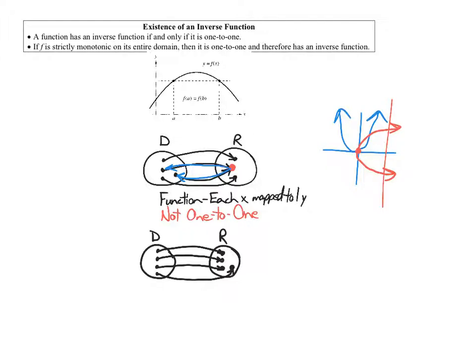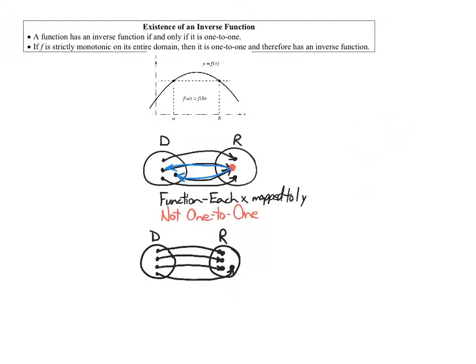Now, if we limit the domain of x squared to, let's say, only the x's greater than or equal to 0, then that would only give us this bit. So when we reflect it, it would only give us that. And that would be an inverse function. So there are things where if you limit the domain to make it 1-to-1, then you can have an inverse function. So that's a good question there.